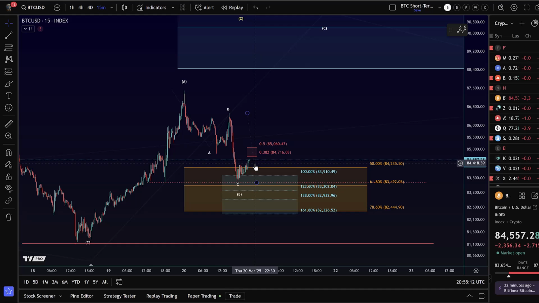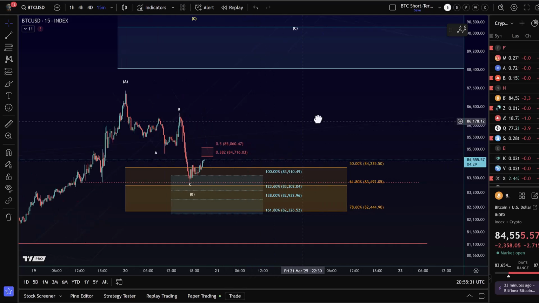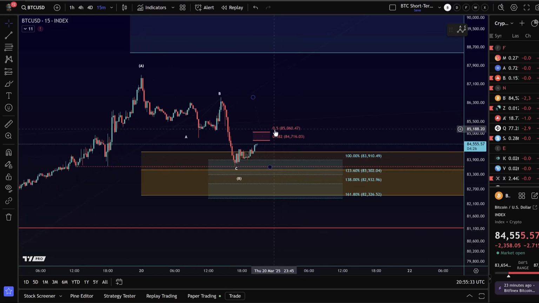We're still holding below that level while I record this video, but reaction is already promising, just needs a little bit more action. Any break then above the B wave high at 86,520 would be, let's say, more solid evidence that actually a low has formed. So essentially what I'm looking for initially is a 5-wave move up above initial resistance.